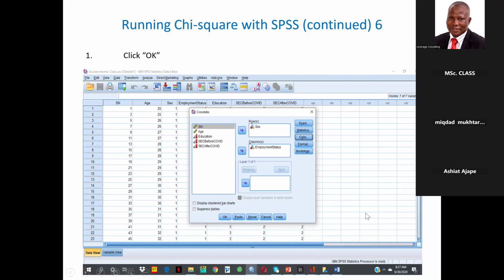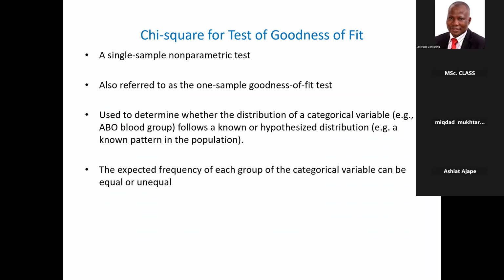So let's look at the chi-square test for goodness of fit. As I've told you before, the chi-square test for goodness of fit is a single-sample non-parametric test, also referred to as the one-sample goodness of fit test.